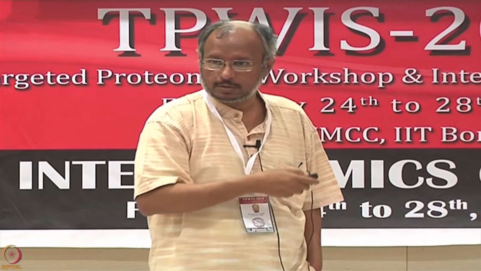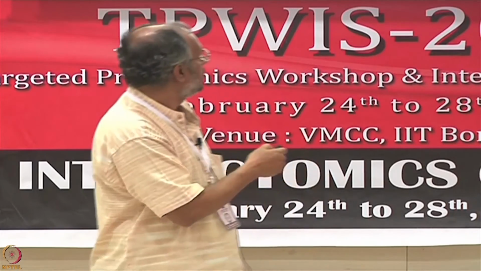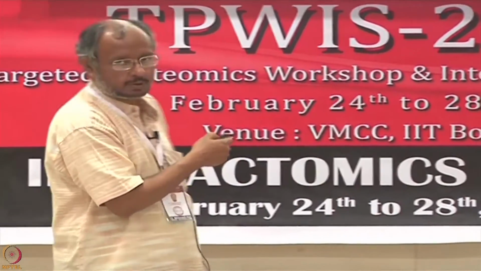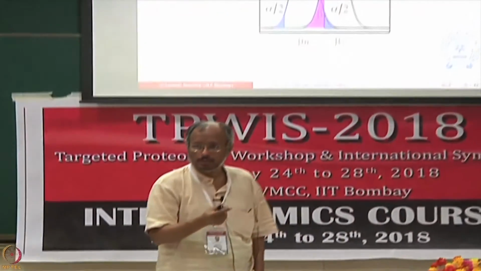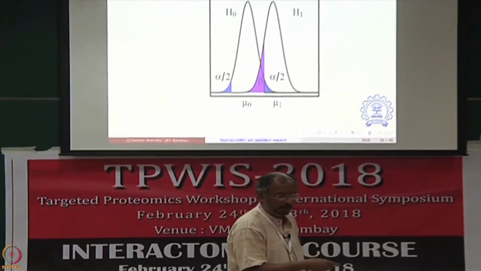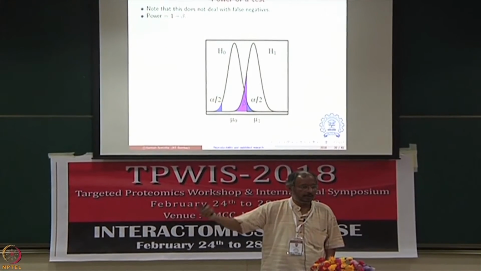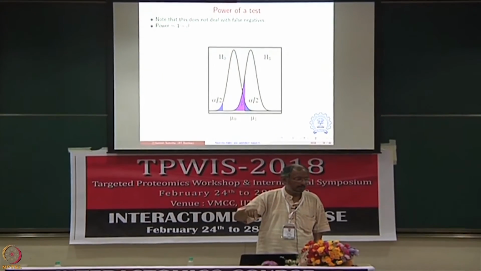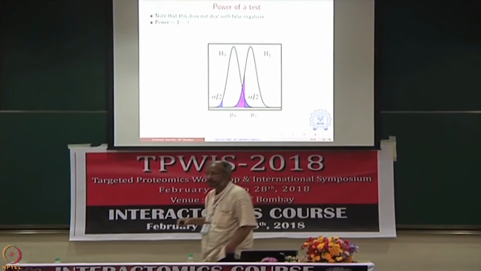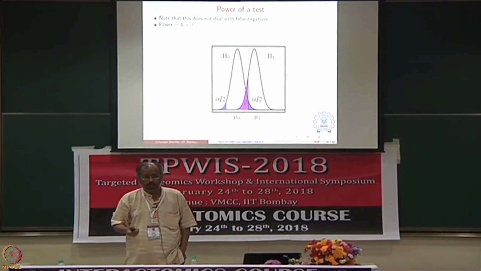I commit less of a mistake with respect to my original hypothesis. But if I move this coordinate to the right, what happens to the purple area? The purple area grows. If you are trying to minimize false positives in your analysis, you run the risk of increasing false negatives and vice versa. Okay? So, that is a key issue.